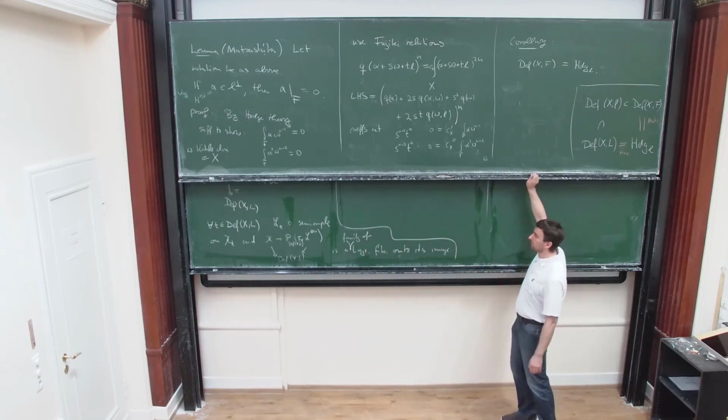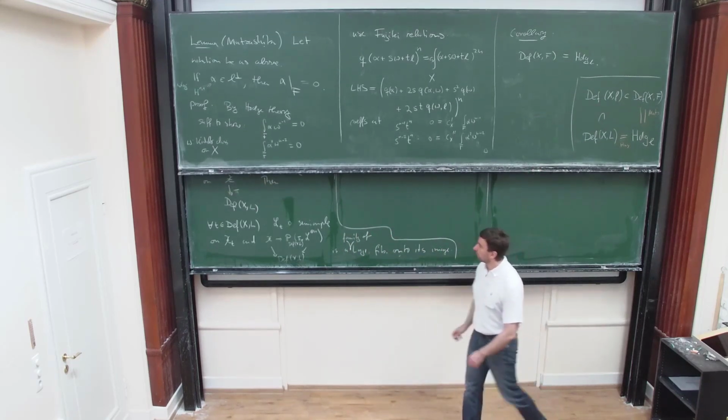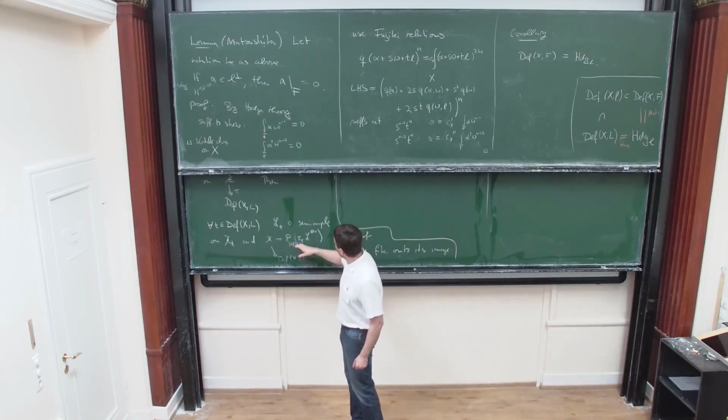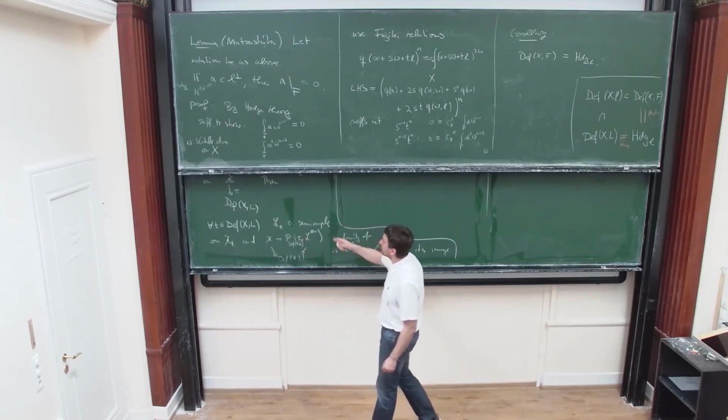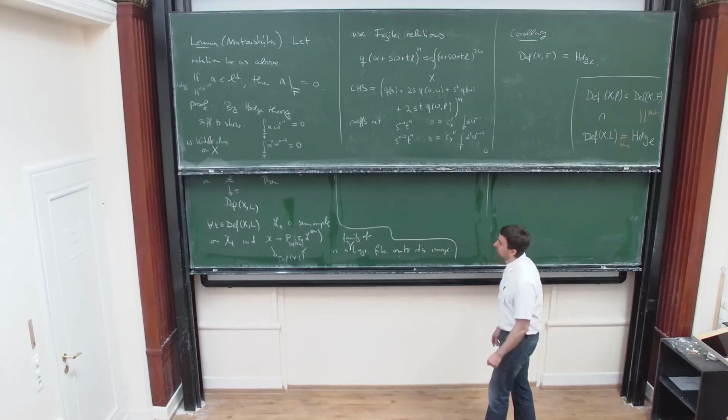All right, let's have a look at it again. So this thing here, okay, it's not a direct consequence. I have to show that this actually commutes with base change, but this is part of the theorem of Matsushita.